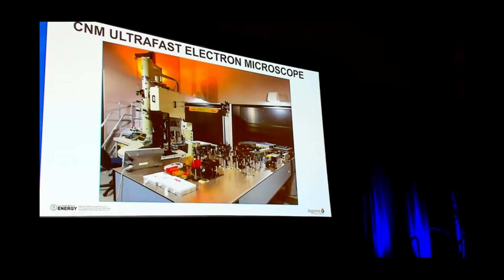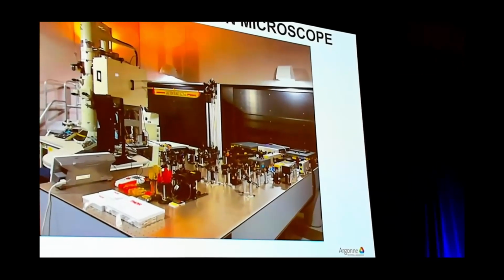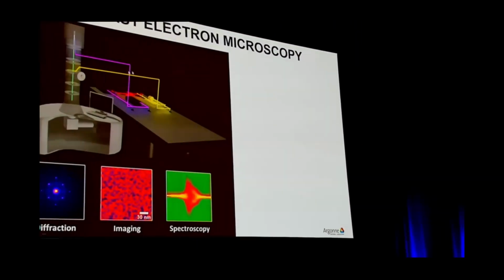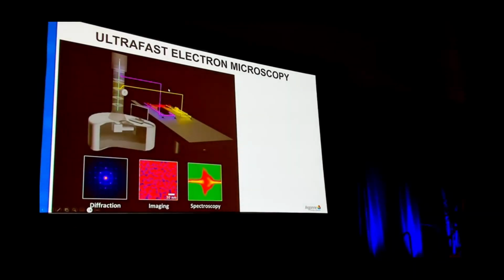So we have this laser table set up here that is plumbed into our microscope by these two lines. There are some more laser breadboards here, and the microscope column has also been modified for these purposes. From a schematic, you have those two lines that go into the microscope. One goes up to excite the photocathode.